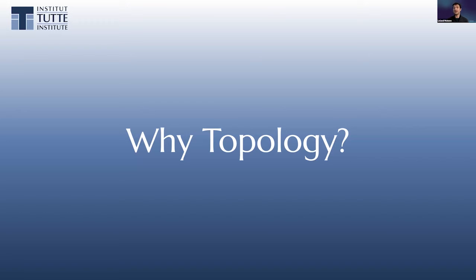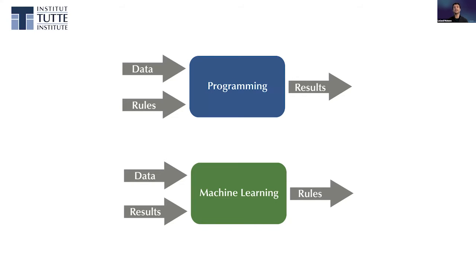And I said at the start that the theory is based on topology, which is, relatively speaking, a fairly abstract and obscure field of mathematics. So the first question you should ask is, why is topology relevant to this question? All right, let's start by comparing classical machine learning with programming.